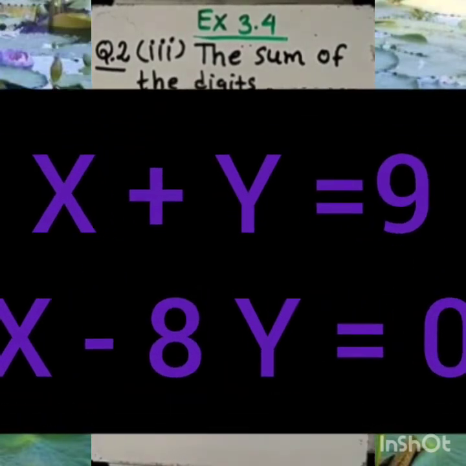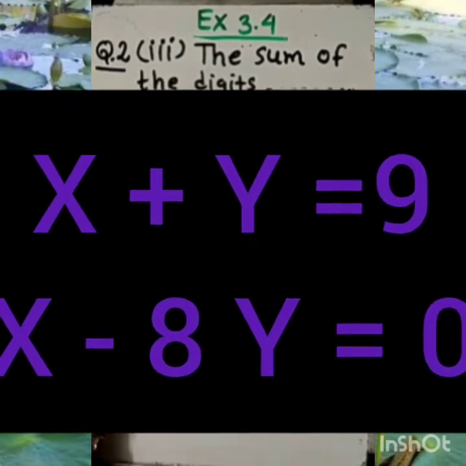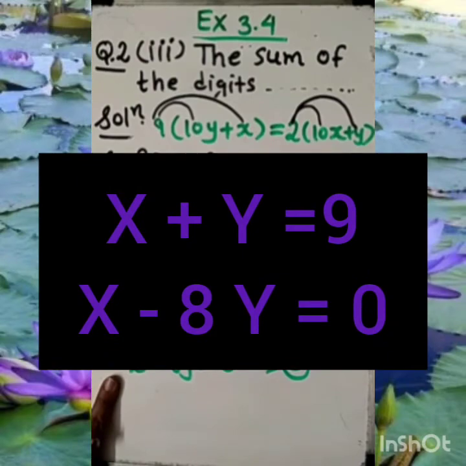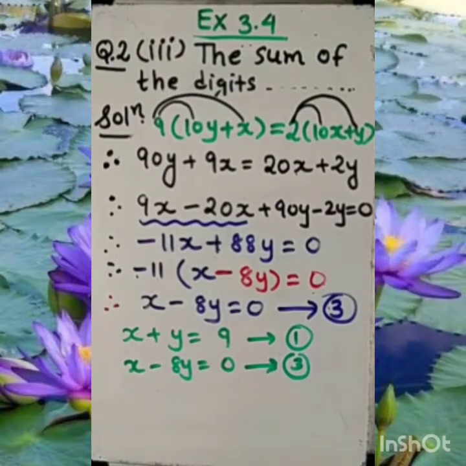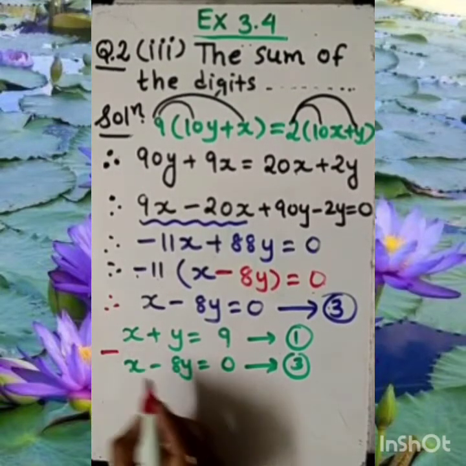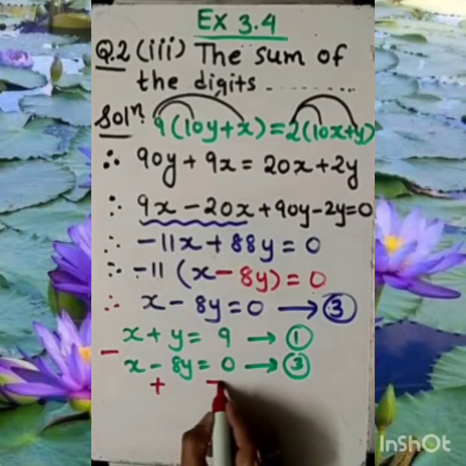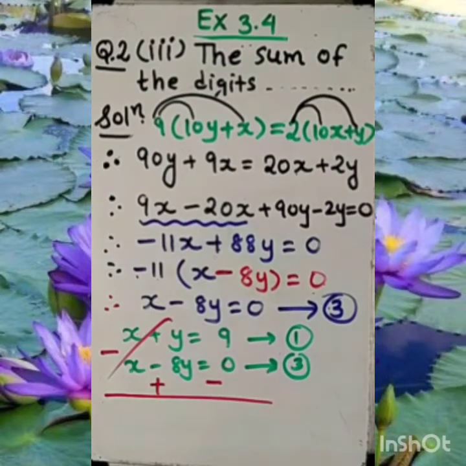Now what we are going to do, we want to eliminate x. So in such a case, if we want to eliminate x, then we need to change the sign here. You can see we need to change the sign. So what do we have? This x will go.